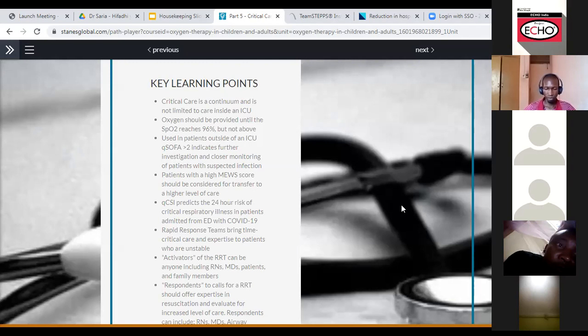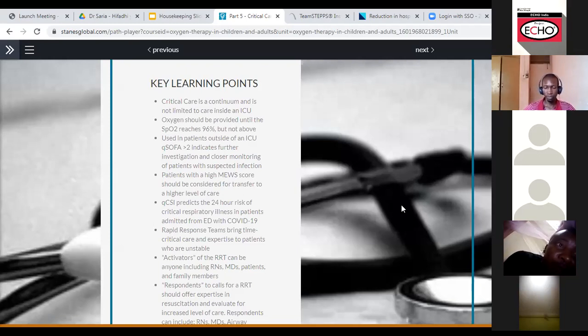And then we learned about how to score patients, looking at the signs of deterioration using qSOFA, as Gibbons explained. But again, we went through the modified early warning scores so that we can identify which patient needs critical care service and when we should call the rapid response team to provide that care.